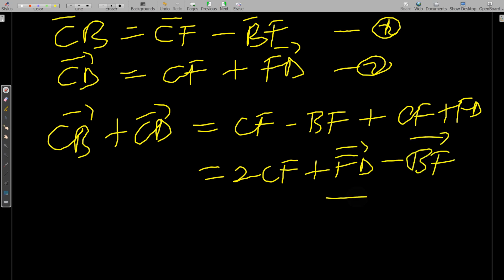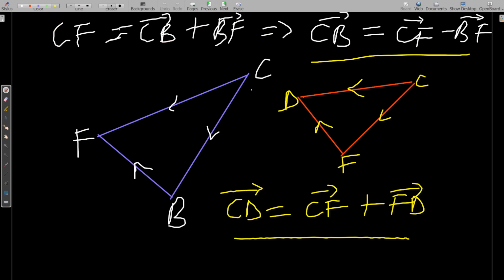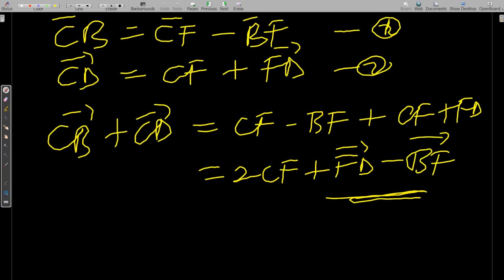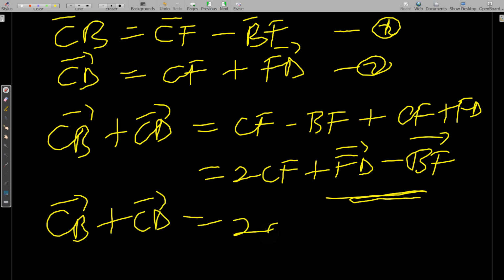But we've already gotten a relation for this: FD minus BF should give you 0. I hope you understood this. So CB plus CD is now equal to 2CF.